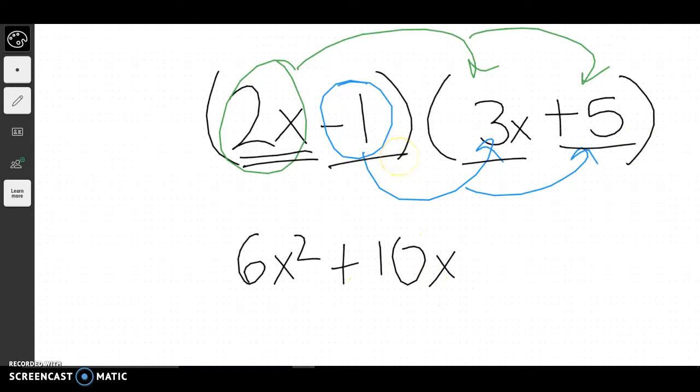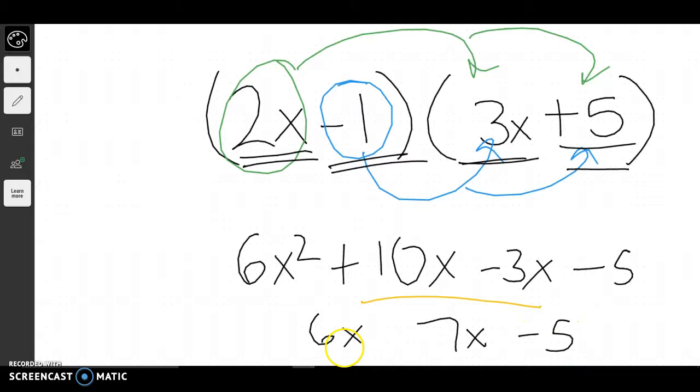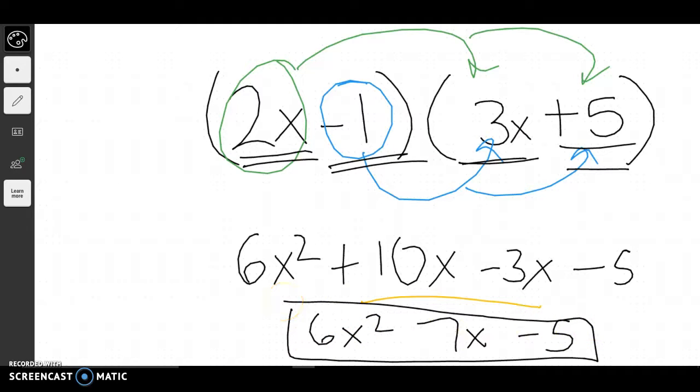When I do negative 1 times 3, I'm going to get negative 3x. And when I do negative 1 times 5, I'm going to get negative 5. Now let's combine some stuff. The 10x and the negative 3x will become 7x. And now I'll have my final answer.